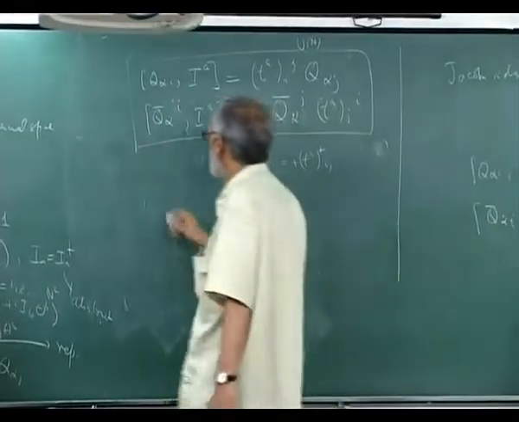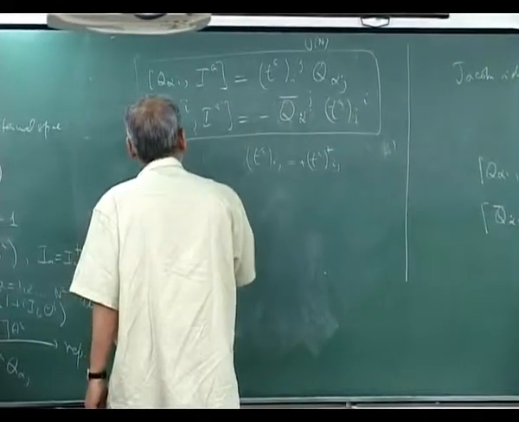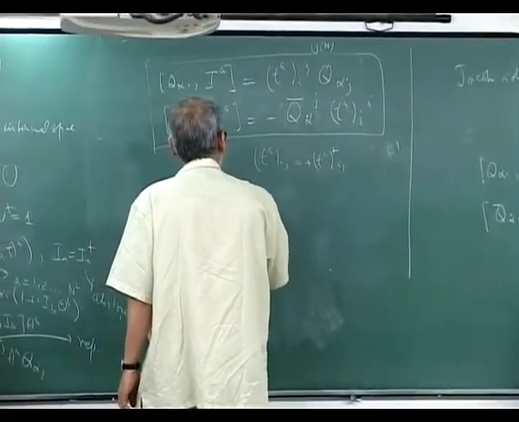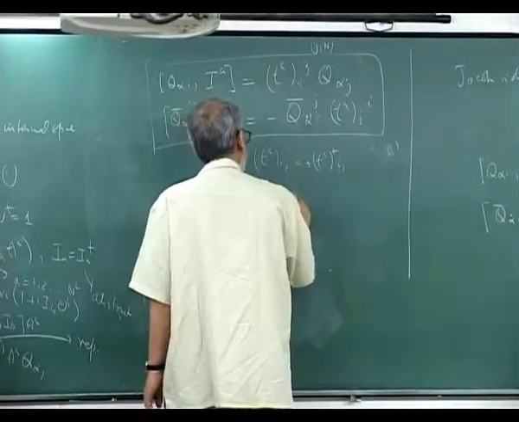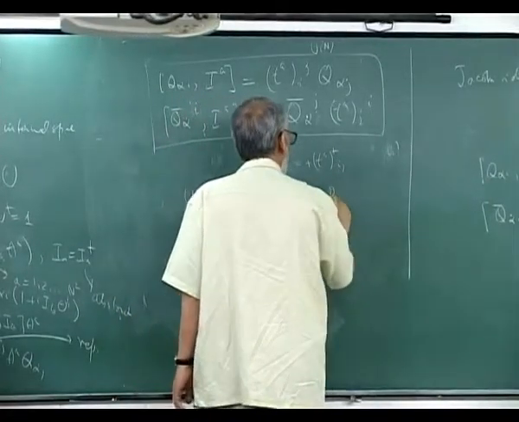There is a name given to this group of invariances. It's called R symmetry.